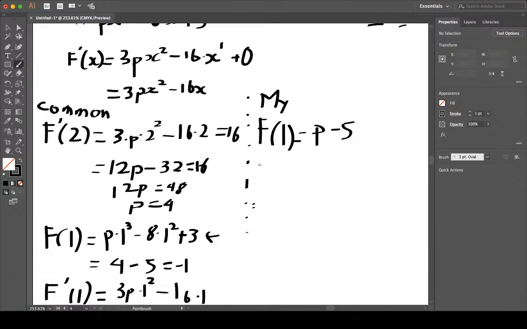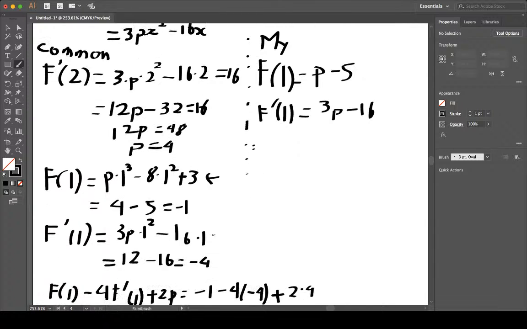And then I just need to find the function prime of 1, which would be 3p minus 16. With this, I'm going to straight away calculate what this is. I think it might be a bit hard, but let's see.